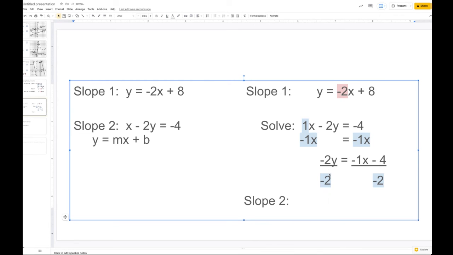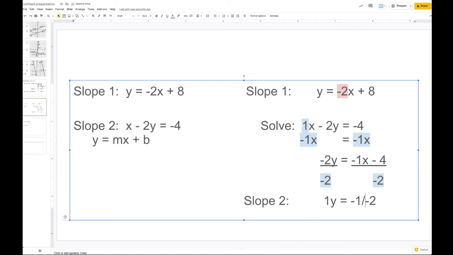Here we're going to write down our final answers. Negative 2 divided by negative 2, because you always divide with the same value to make the value of 1y equal to. And here we're going to divide negative 1 by negative 2. That's just going to be negative 1 divided by negative 2.